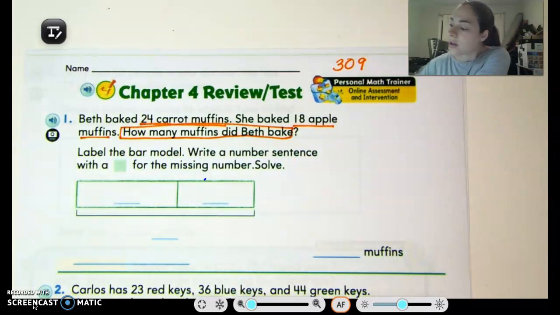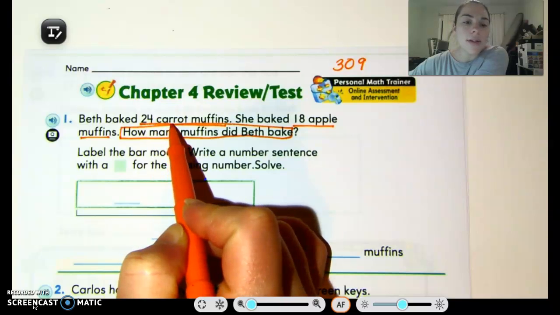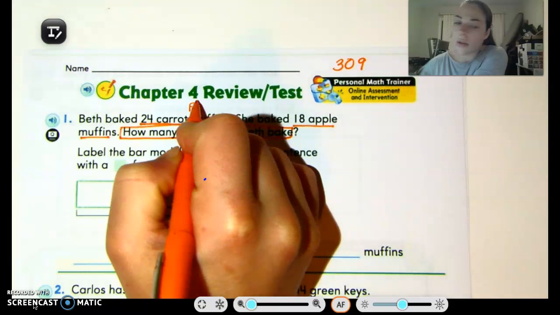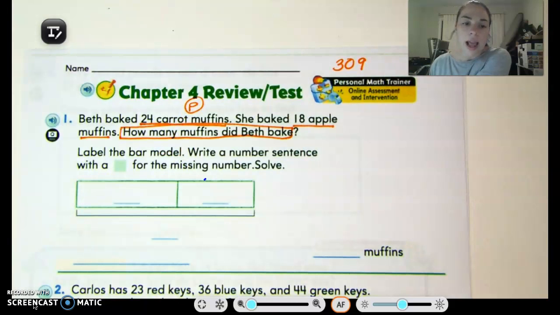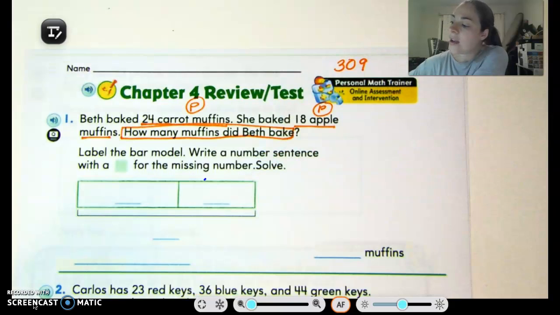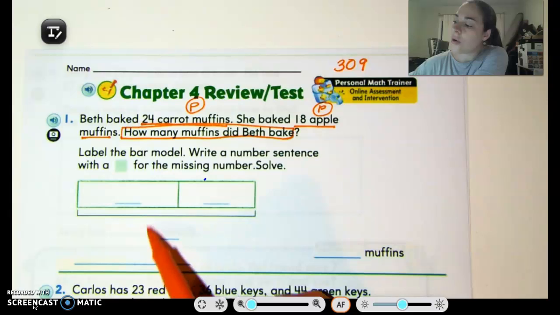So we have to ask ourselves, is this 24 a part or is it the whole? It's a part of the whole. 18 apple muffins, is that a part or a whole? That's another part. They want us to add the carrot muffins and the apple muffins to get the total.